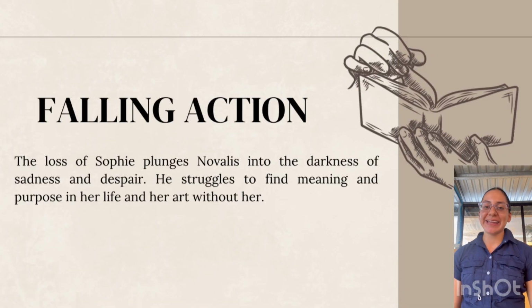The next part is falling action. The loss of Sophie plunges the novelist into the darkness of sadness and despair. He struggles to find meaning and purpose in his life and his art without her. Friedrich is plunged into an abyss of desolation and pain. This stage stands out as the falling action of the novel, as it is more an emotional descent in the protagonist's life.